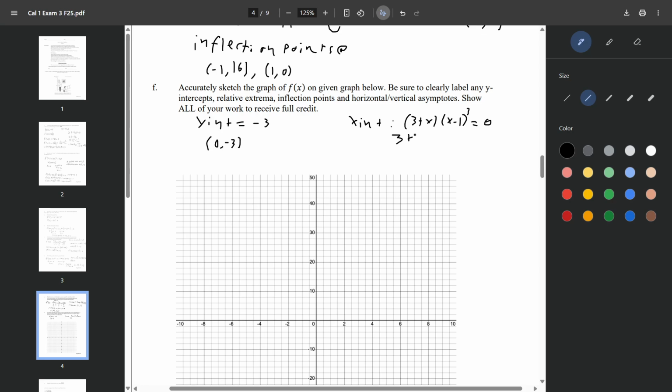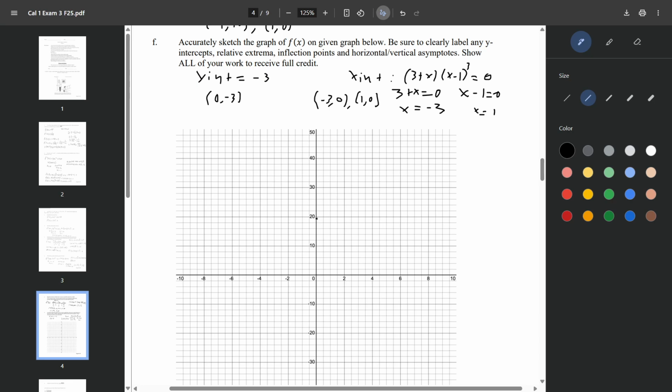So 3 plus x equals 0, x minus 1 equals 0. So we're going to have an x-intercept at -3 and an x-intercept at x equals 1. So our coordinates will be -3, comma 0 and 1, comma 0.